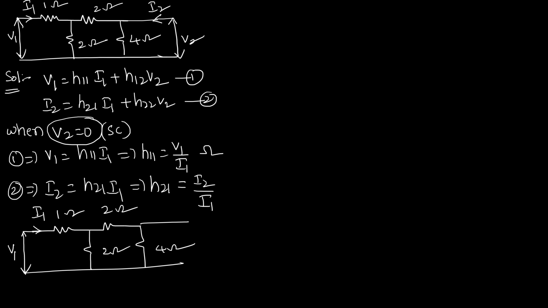V2 becomes a short circuit, so the current is minus I2. This 4 ohm is in parallel with a short circuit, so we can neglect this 4 ohm resistor. If we neglect it, the equivalent circuit seems to be somewhat like this.